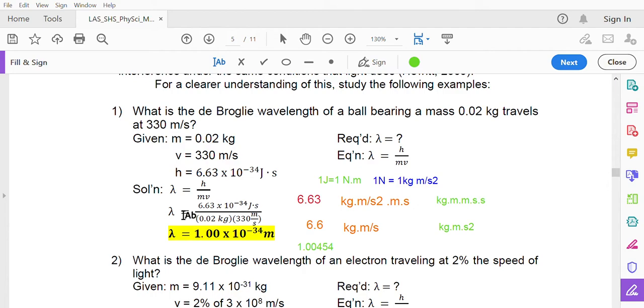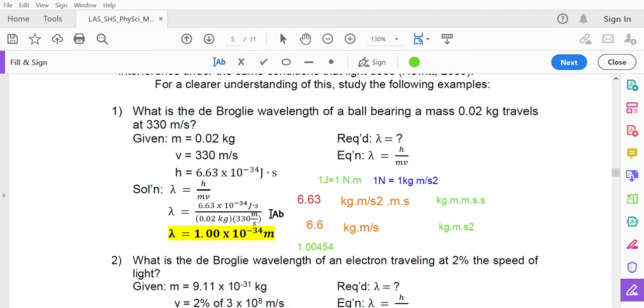So lambda would be equal to h, the Planck's constant, 6.63 times 10 to the minus 34 joule second, divided by the mass, which is 0.02 kilograms, times the velocity, which is 330 meters per second.